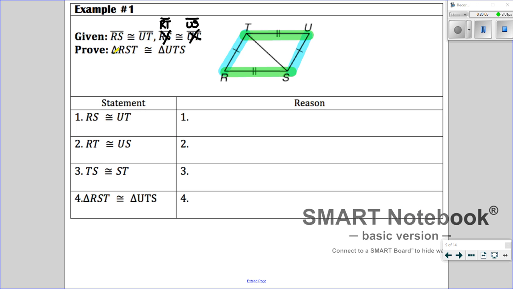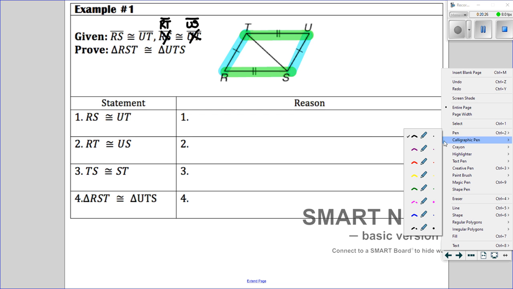They want us to prove that triangle RST is congruent to UTS. So in order to do that, we need three statements. The three statements, whether it's side, side, side, or side, angle, side, in order to prove that the two triangles are congruent. So they already gave us the statements. So now we just have to fill in the reason for those statements.